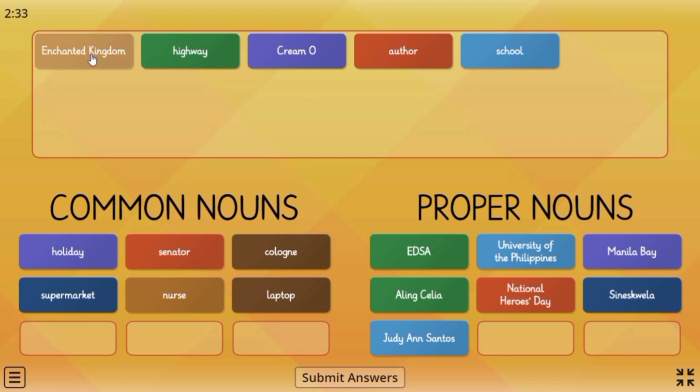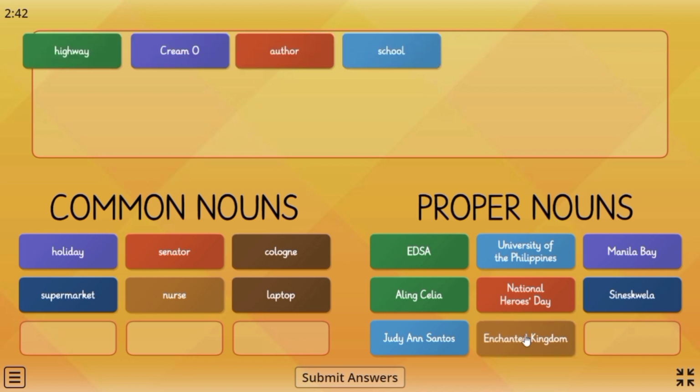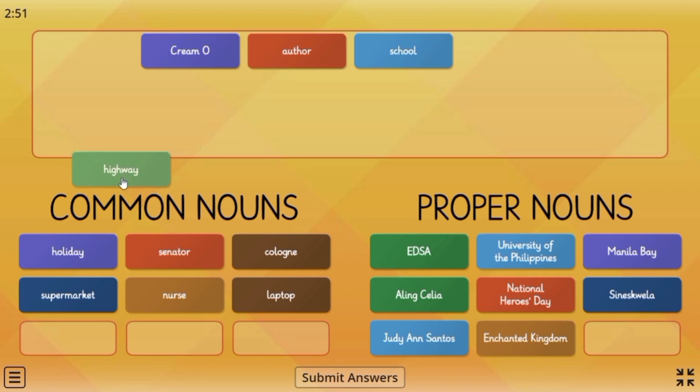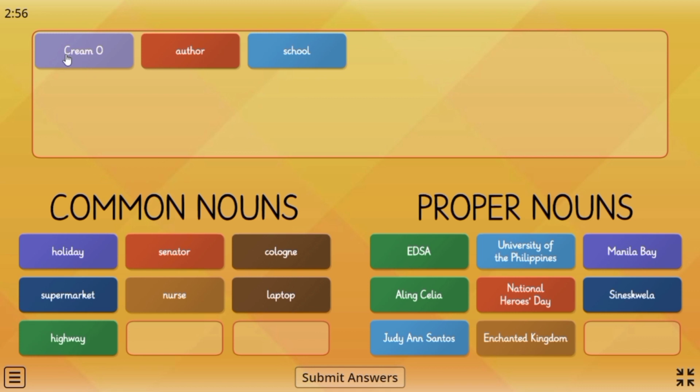Next one, Enchanted Kingdom. Common noun or proper noun? Next one, Highway. Common noun or proper noun? Next one, Cream O. Common noun or proper noun?